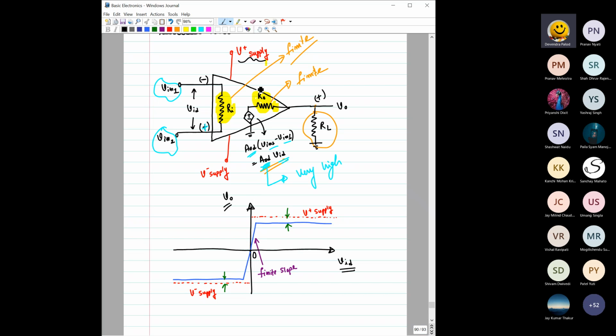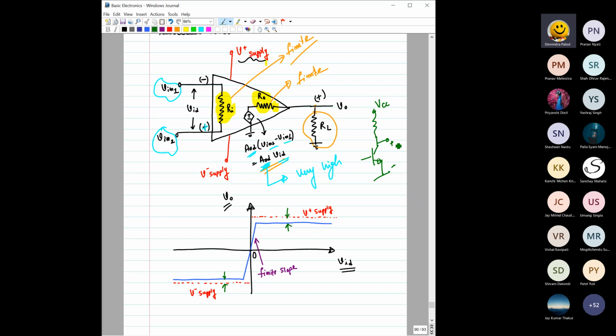Eventually, you will not be able to get exactly the supply voltage at this output. But what you will get is a slightly lower value than this V positive supply. That is because, just to explain it quickly, suppose you were implementing it using a CE amplifier, and when this is in saturation, you will never get exactly the VCC.